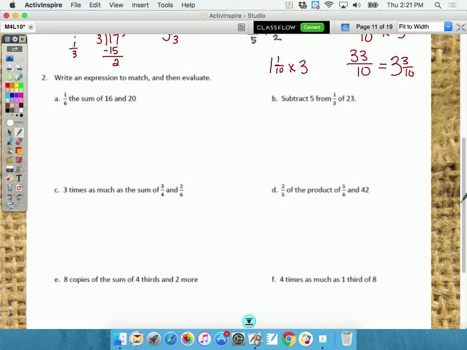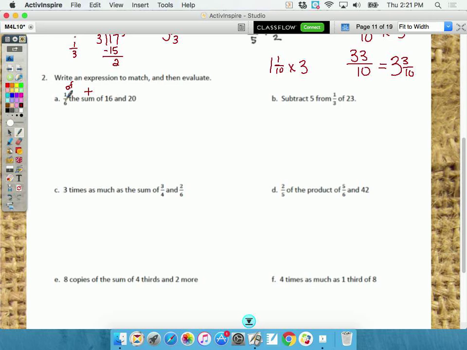So 1/6 the sum of 16 and 20. What mathematical words do you see in there that might tell me what I'm going to do? Sum. What does that mean? Add. Of doesn't really count here because it's sum of. No, that's still adding. 1/6 of the sum is what that means.